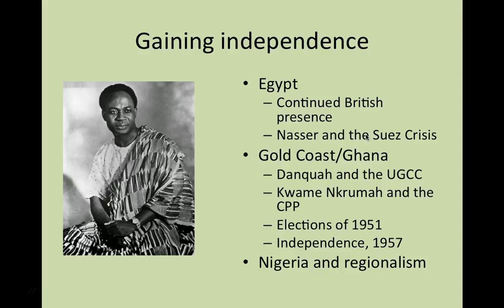They had been working with different groups in Nigeria, convincing them that it was not in their interest to try to gain independence nationally because they were a divided people. It would be a divided nation.